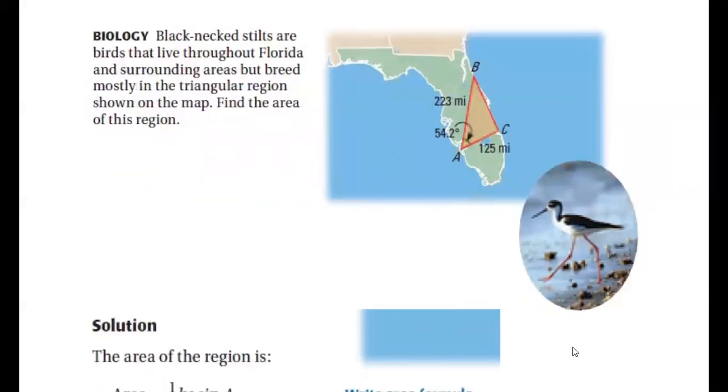It says the black-necked stilts are birds that live throughout Florida and surrounding areas, but breed mostly in the triangular regions on that map. Find the area of that region, okay?